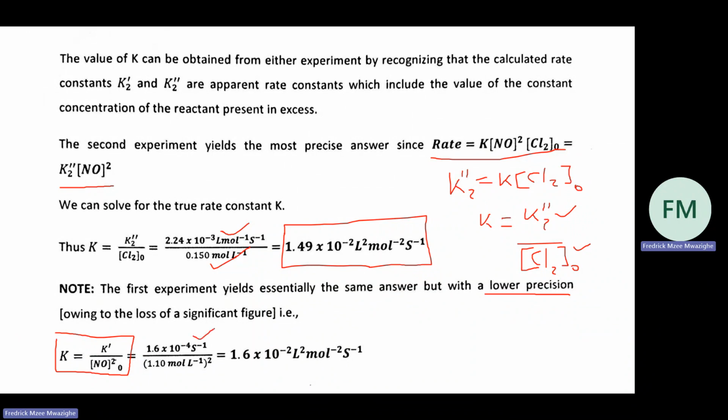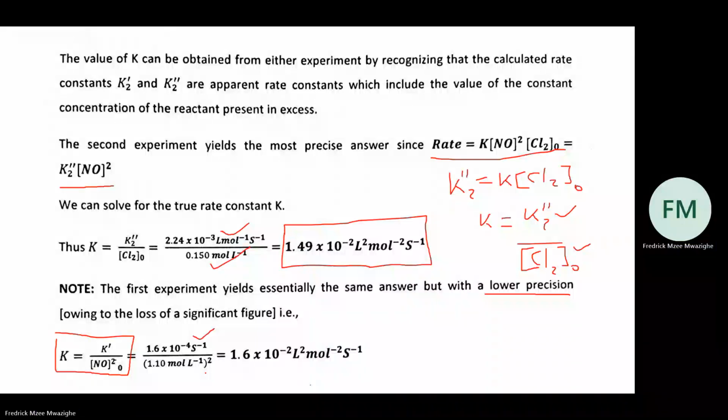So you can say 1.6 times 10 to the power minus 4 per second divided by the initial concentration of NO squared, that is 1.10 times 10 squared. Okay, I don't know if this is correct.